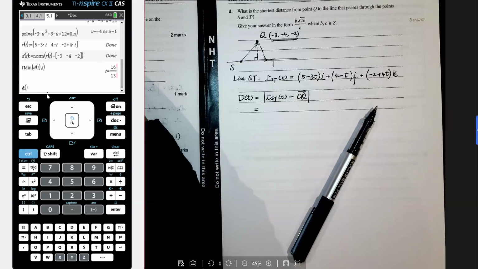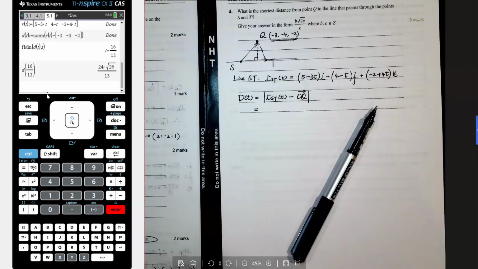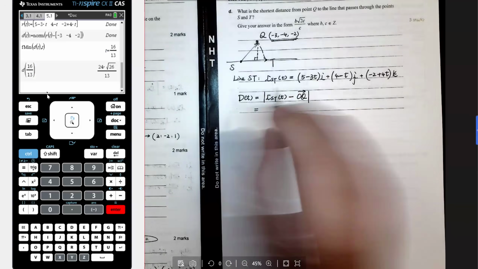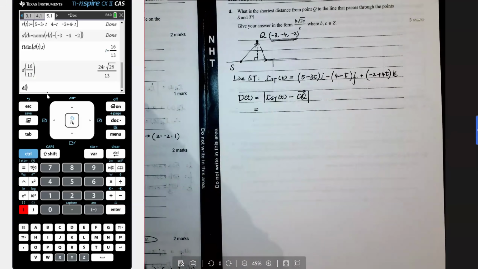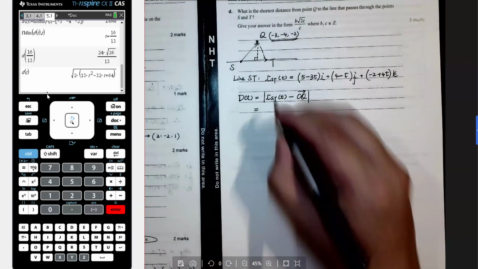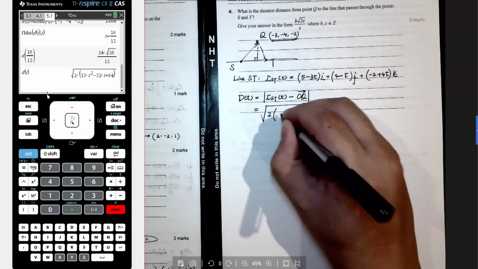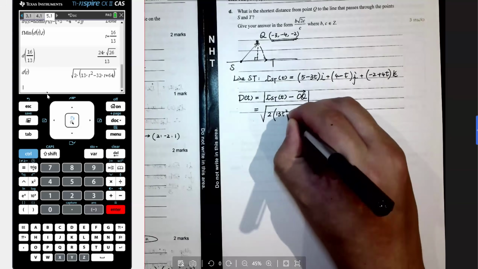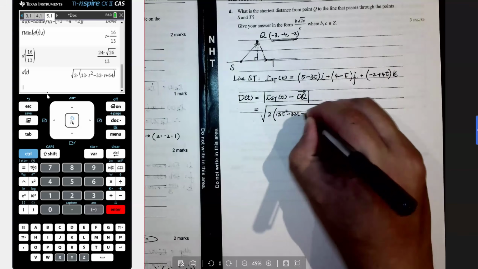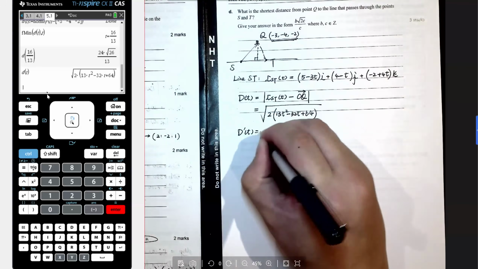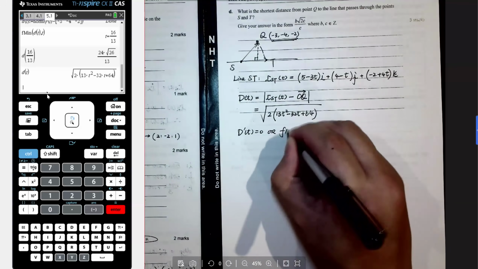So D of that is 24 root 26 divided by 13, okay? Yeah, you can actually show some working here, and evidence of an expression, and D dash t equal to 0 or fMin.